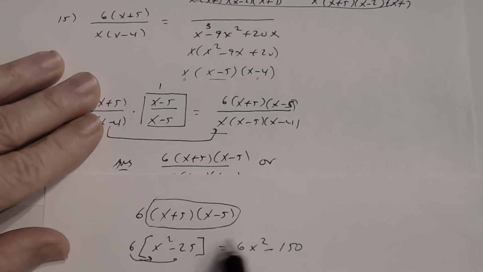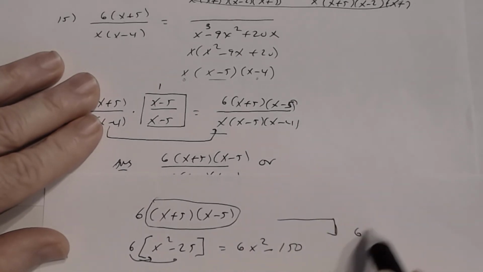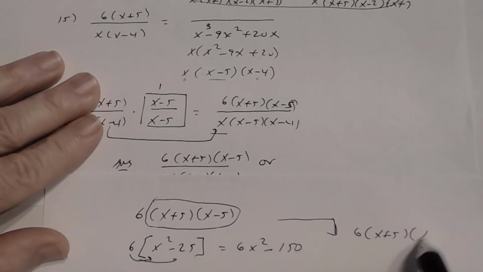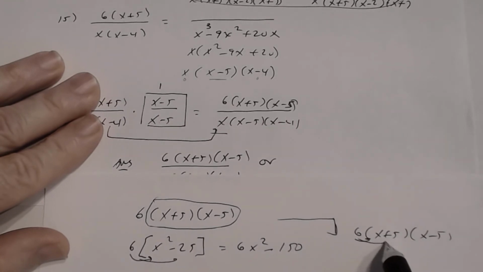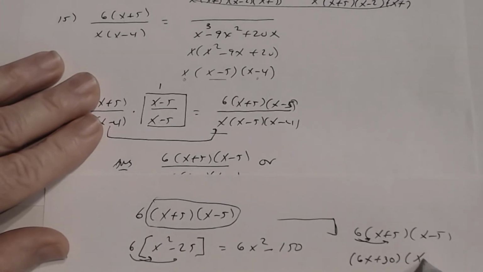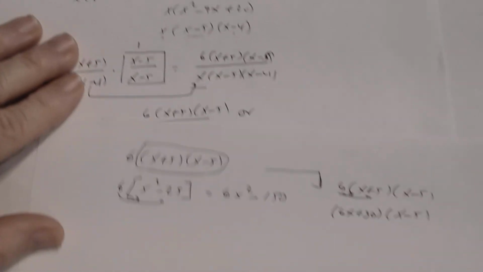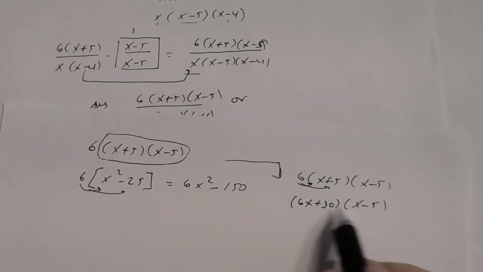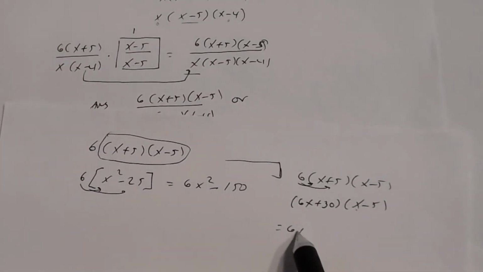Now, I just want you to see this, you could have also done this. You could distribute the 6 only in here. You can't do it in both. 6 times this only. So that's 6x plus 30. And then multiply by x minus 5. And then if you FOIL, I want you to notice something. 6 times x is 6x squared.